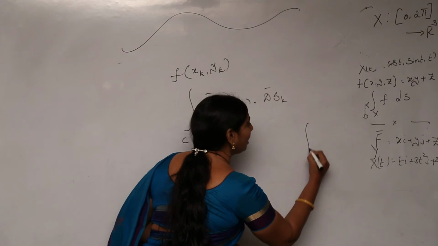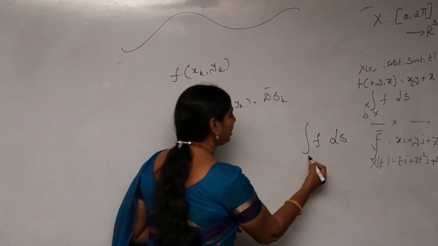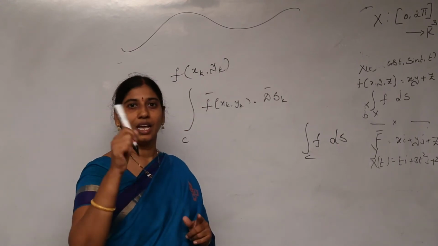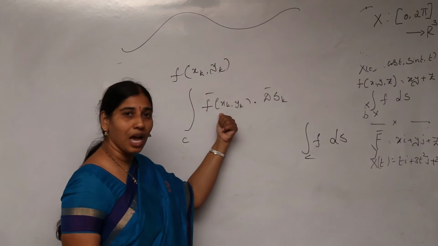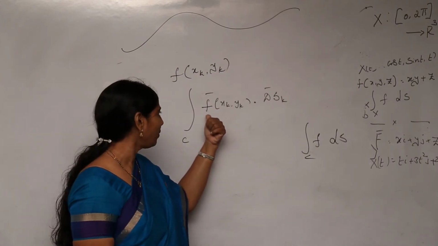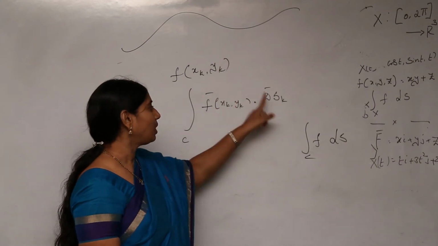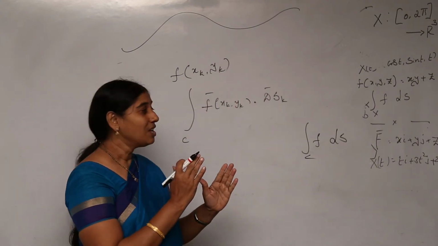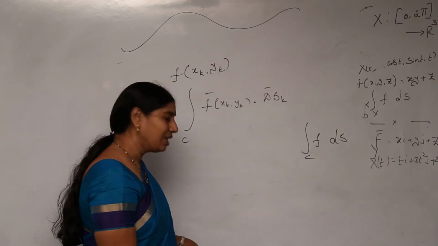Earlier we said the integral of f ds along the curve C. That's a scalar line integral, ordinary multiplication. Whereas now the function is a vector function and the length of the curve is also measured as a vector, so the scalar integral moves on to the vector line integral.